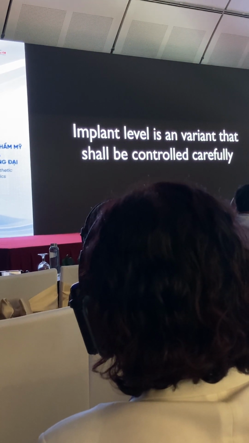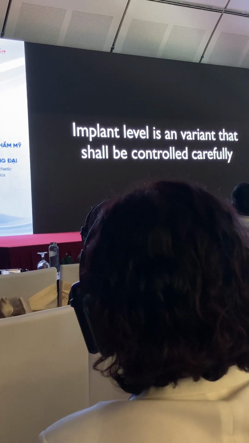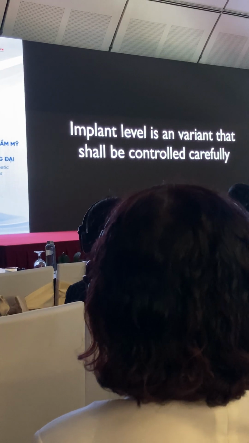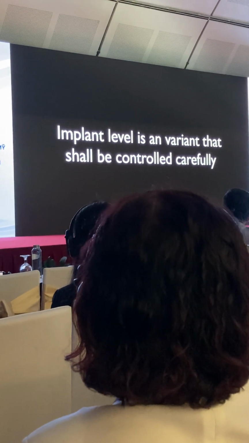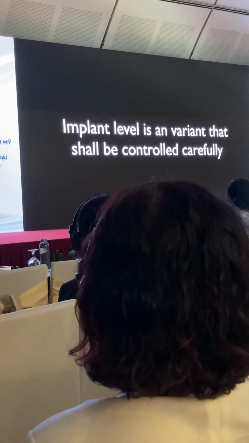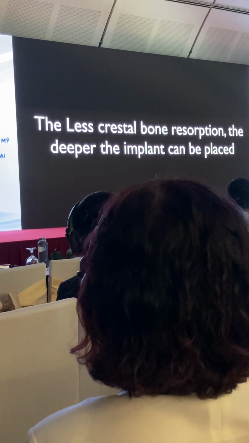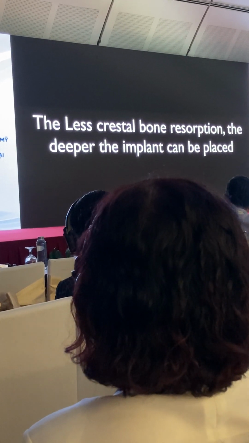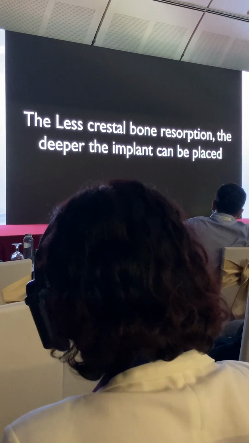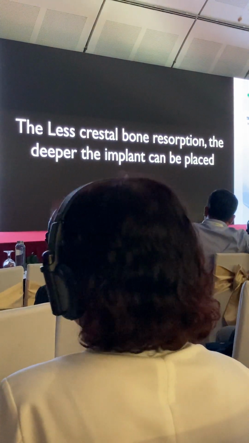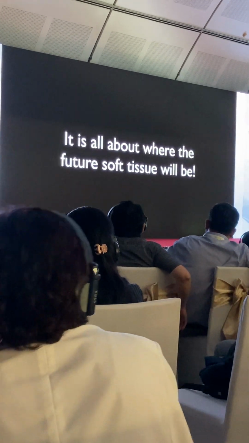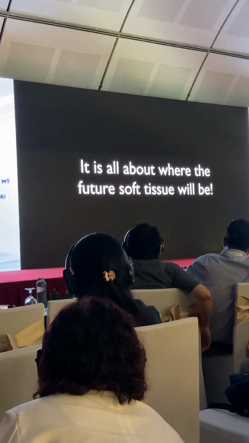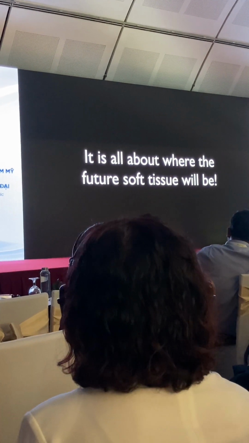Sometimes we go 3, sometimes go 4, but it has to be within that limit. Or some people may go a little bit deeper, like 4.5, but as long as it can be controlled better for the bone and soft tissue, that's fine. The less crestal bone resorption, the deeper the implant can be placed. If the crestal bone is not stable, don't place the implant that deep. That's the key. Alright? It's all about where the future soft tissue will be.